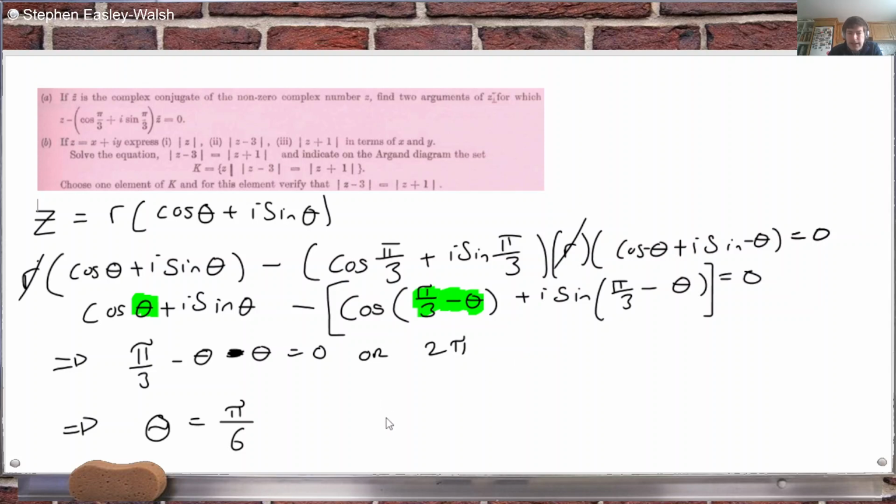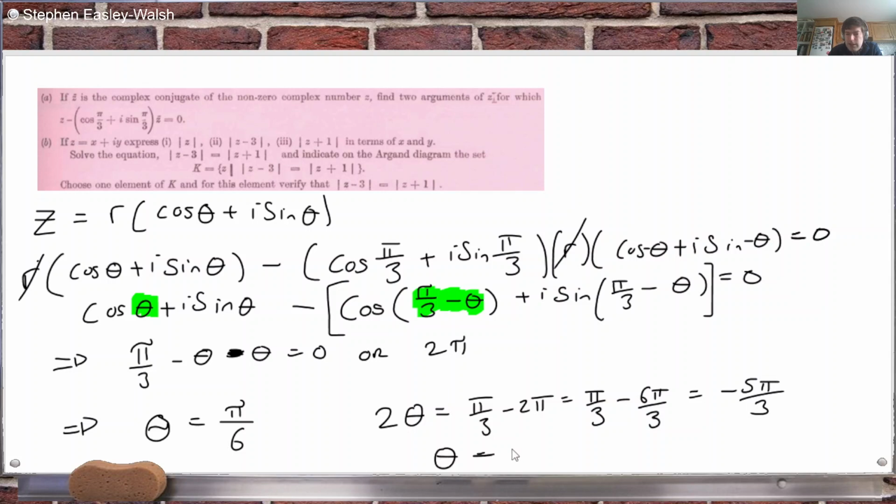So in that case, you would get 2 theta equals pi over 3 minus 2 pi, which is pi over 3 minus 6 pi over 3, which is minus 5 pi over 3.